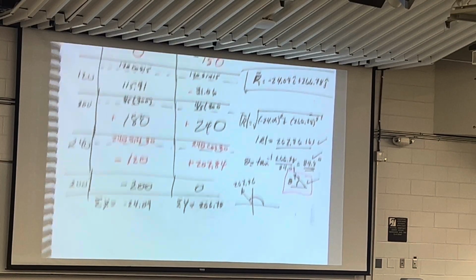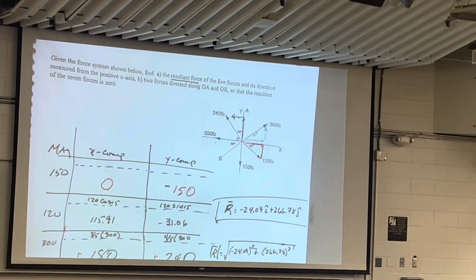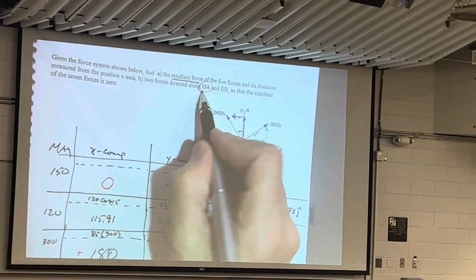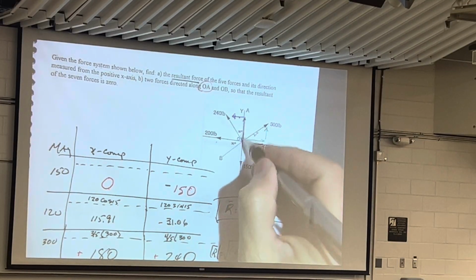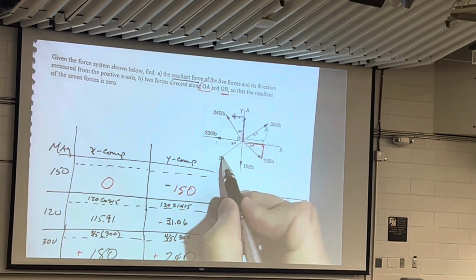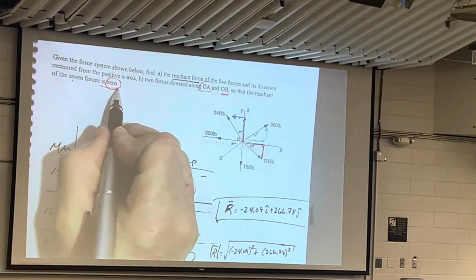Now, it then says in the statement, that's part A. Part B, two forces directed along OA, OA is in the y direction, OB, which is along this dotted line, so that the resultant of the forces is 0.